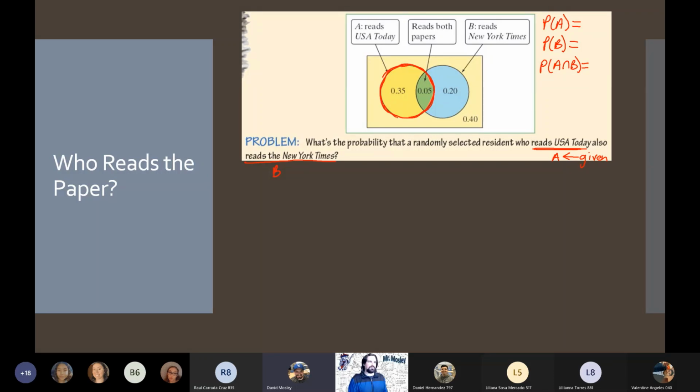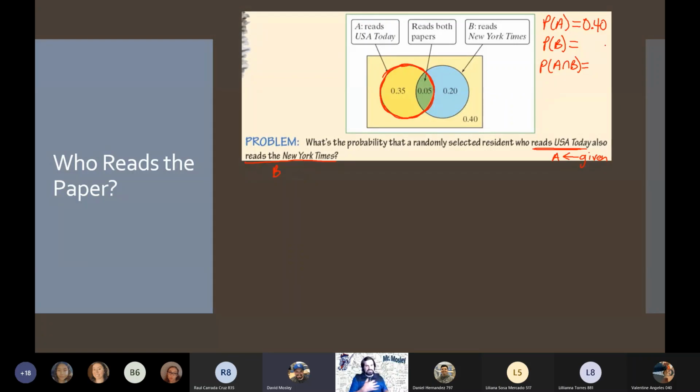The part of the proportion that is not automatically counted right now is the 0.05 that read both. Those people read USA Today, so if I'm looking at the probability that someone reads USA Today, I need to include that 0.05 into the 0.35. Right? That is everyone who reads USA Today. So we have to add these up, and we get 0.4.